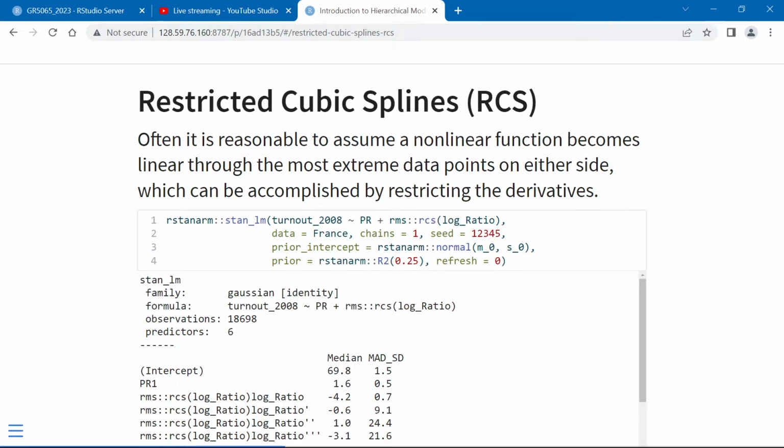And so one of the ways in which you can restrict nonlinear functions is to say, okay, they're linear through the extremes, but they can be cubic or piecewise cubic in the interior of whatever variable, age or population or whatever.